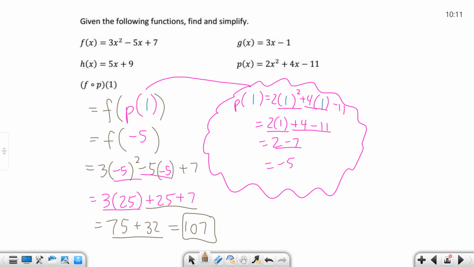So I go out to the side, I find this in my thought cloud over here, and then I come back and plug it in here, right? So f of p of 1. Find p of 1 first, that's a value. Then take that value and plug it into the function f, evaluate the function f at that value, and that gives you your final answer.